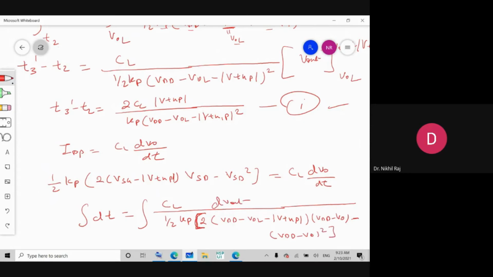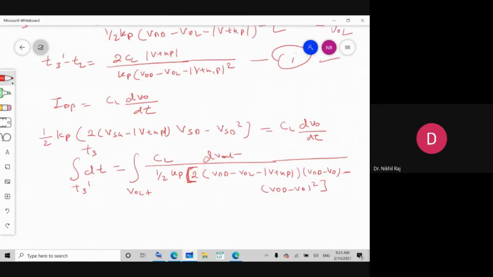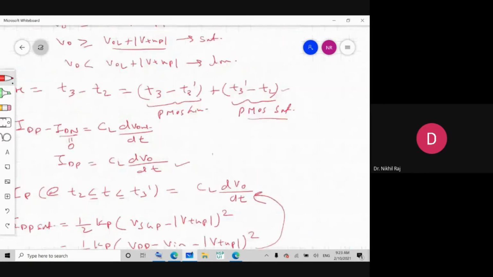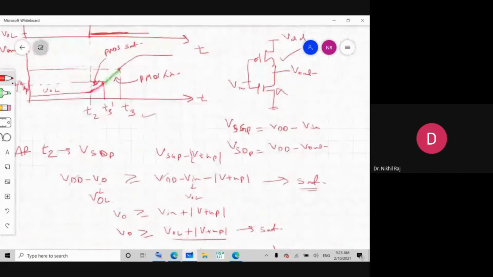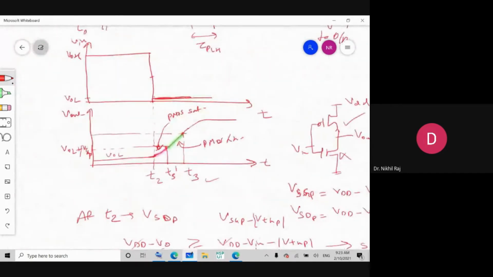And what will be the limit here? It will be T3 dash to T3, and here the lower limit will be VOL plus mod of VTH of P, and what should be the higher limit? Look at the graph. What should be this point?